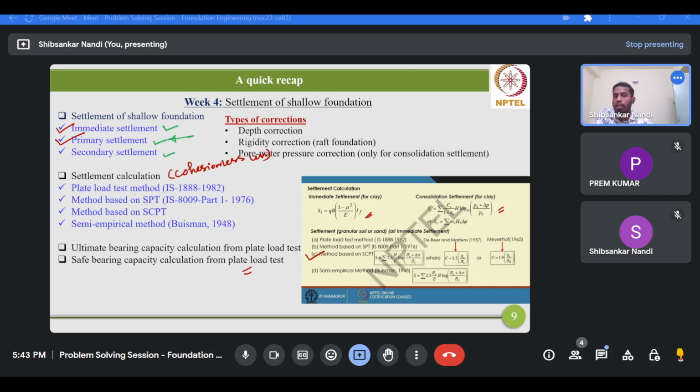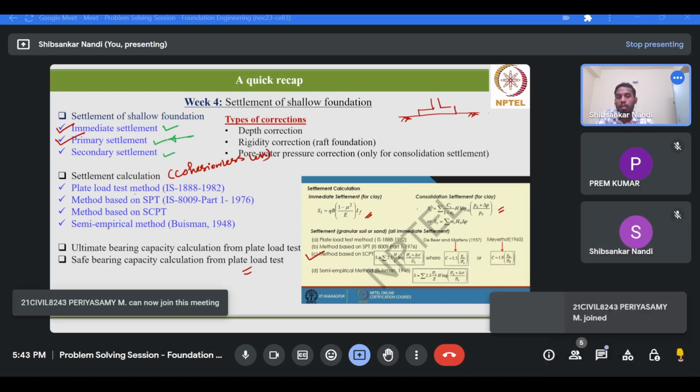The depth correction is valid for all these types of settlements, that is immediate and primary settlement, because this settlement expression is derived based on the assumption that the footing is resting on the surface of the soil, as if this is a surface foundation. So no embedment for the foundation is considered during the derivation of the settlement.